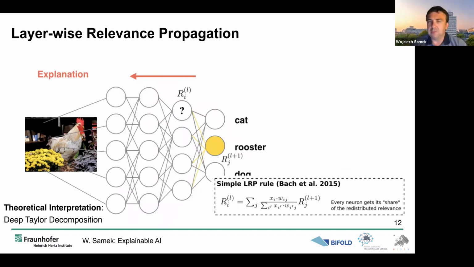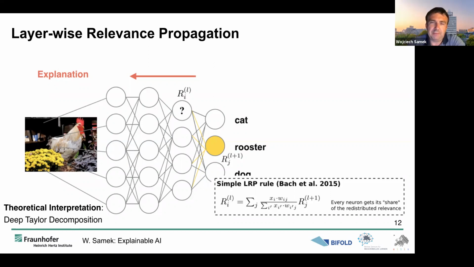But you're not doing it in one shot. You're not doing it as we saw in the other approaches, but you are doing it layer by layer. So the question you first need to answer is, how much evidence should be redistributed from the last layer to the second last layer?